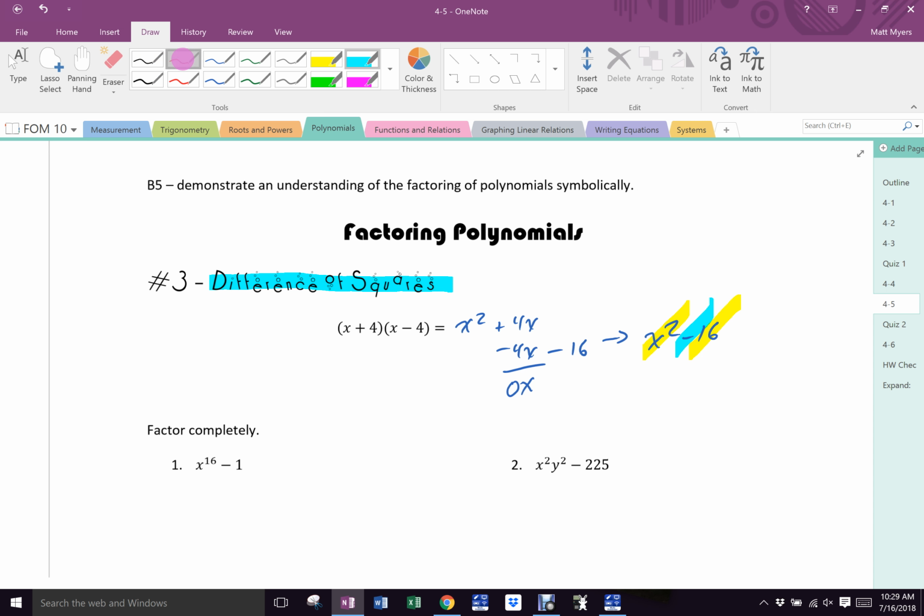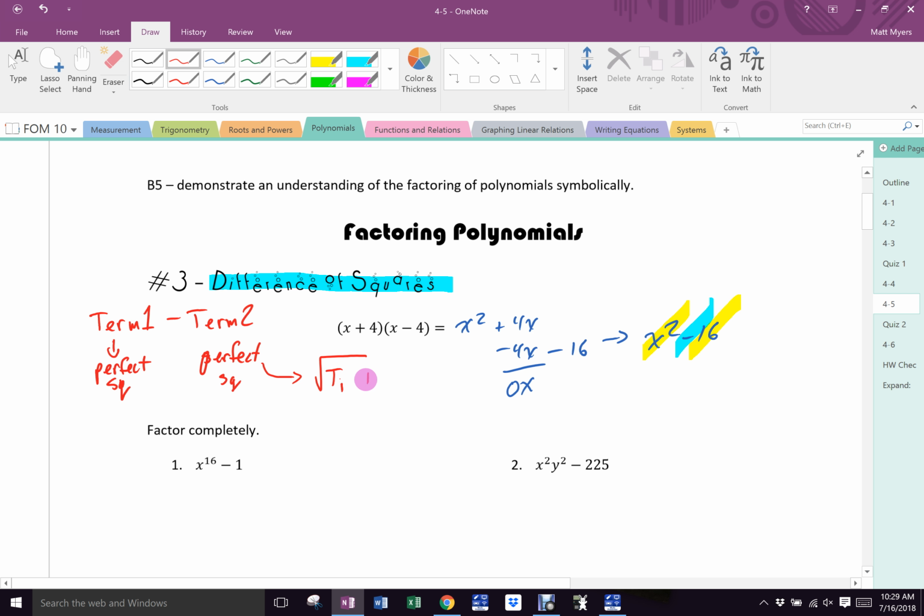If term 1 minus term 2, no matter what they are, if that's a perfect square, and that's a perfect square, the answer is always the square root of term 1 plus the square root of term 2, and then you write it again with the same thing minus. And it always works. Is everybody cool?